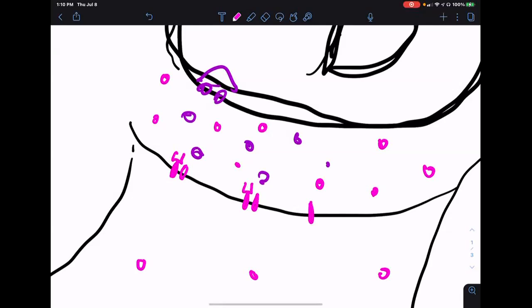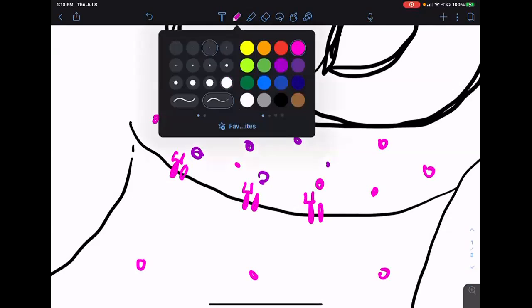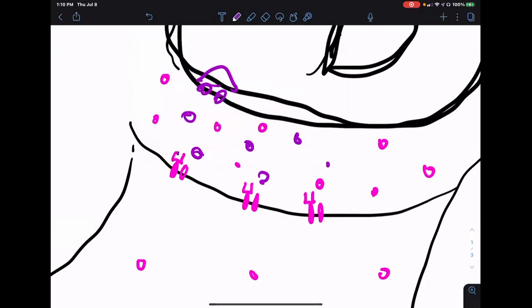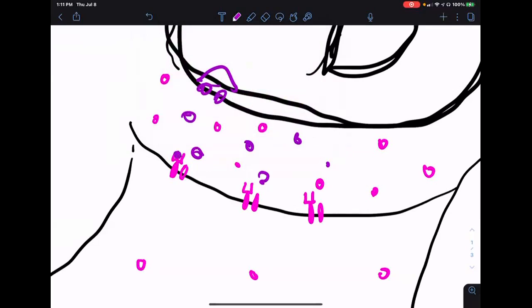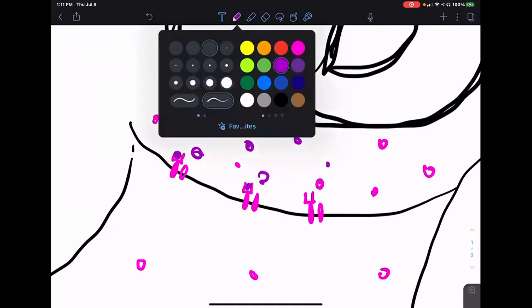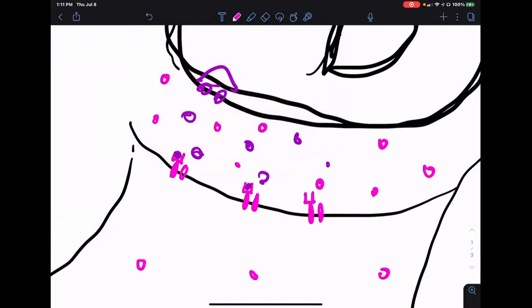Maybe another one right here, why not? Ligand gate. So if we have some of this GABA bind on to one of these ligand gates, maybe a couple of these ligand gates, it's going to open that gate. And once that gate's been opened by that ligand, it'll allow our chloride to flow into the cell.